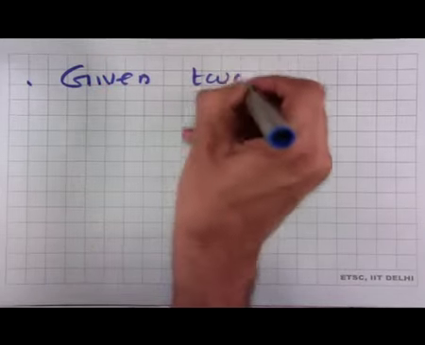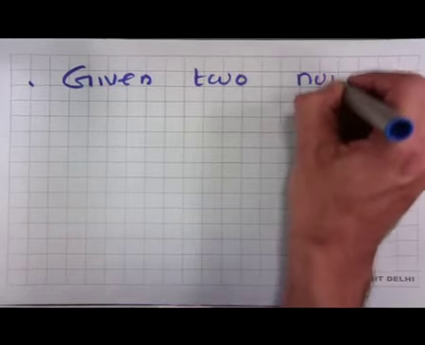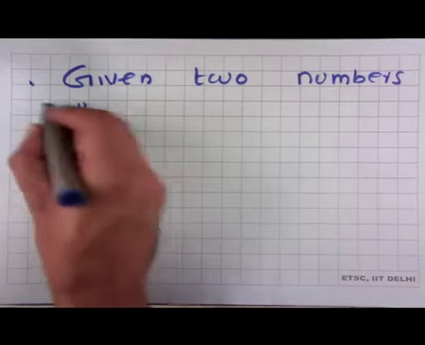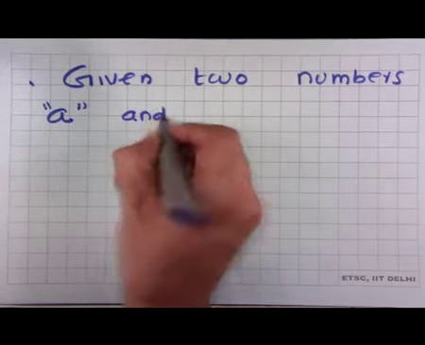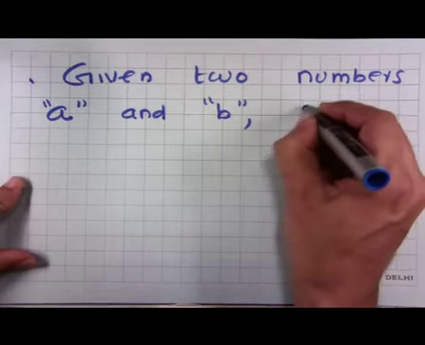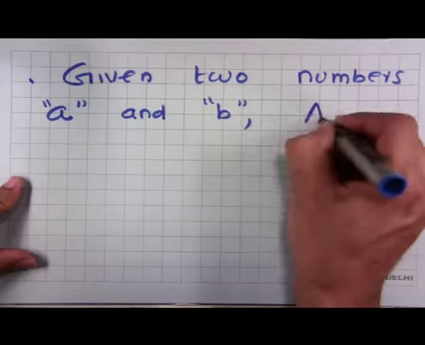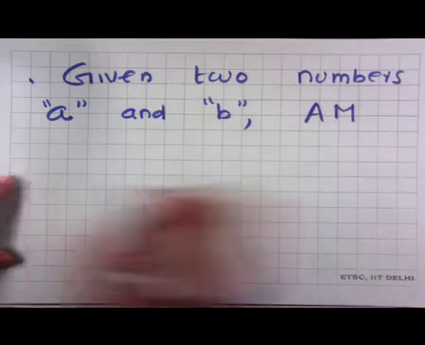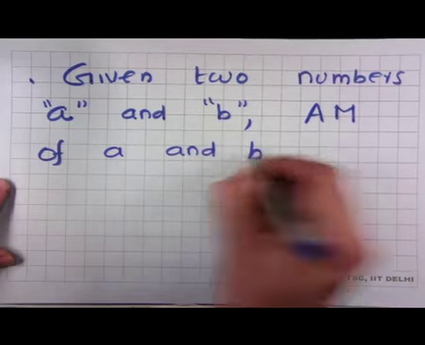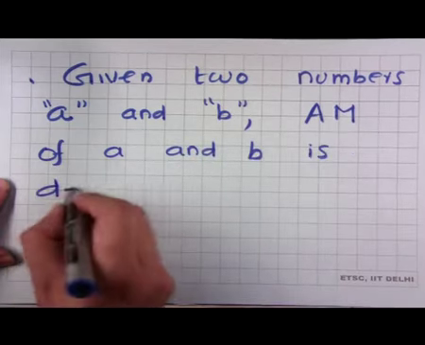Recall that given two numbers A and B, the arithmetic mean, AM for short, of A and B is defined by (A plus B) by 2.